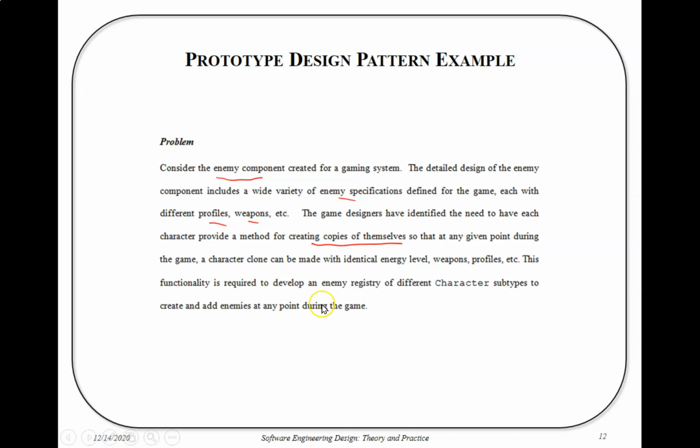So a character clone can be made with identical energy level, weapon profile, etc. So this functionality is required to develop an enemy registry of different characters and create and add enemies at any point of time. For example, you shoot one enemy and then about 10 more enemies appear.